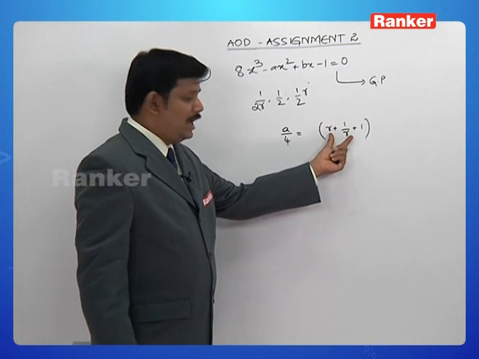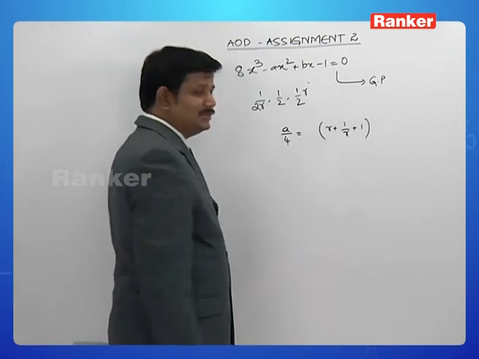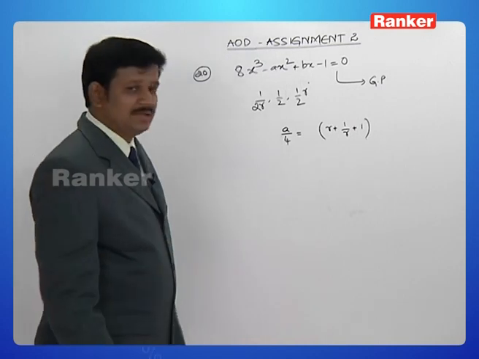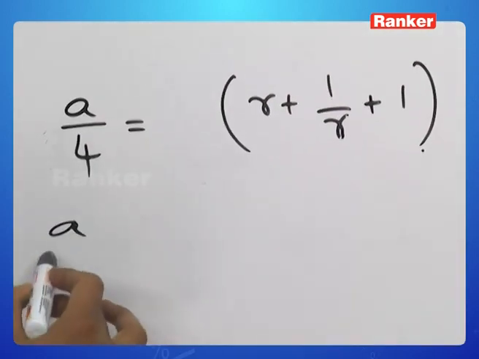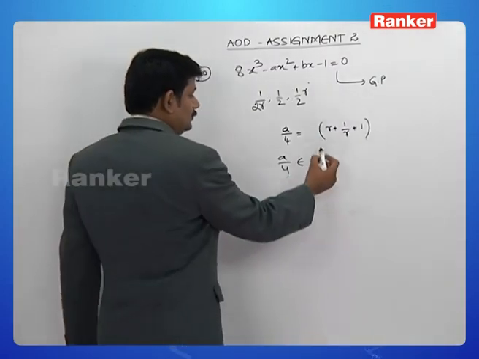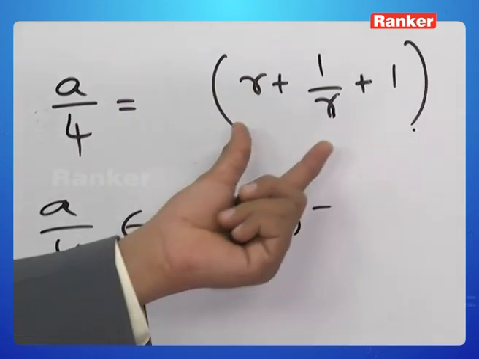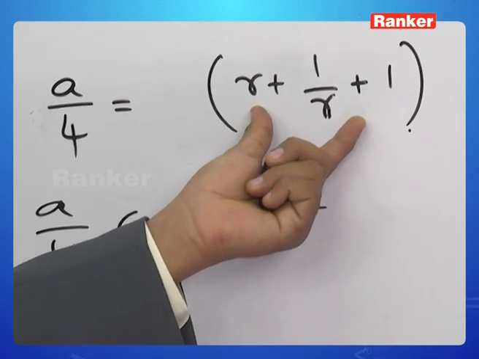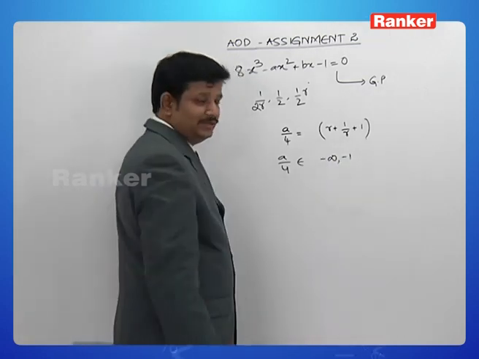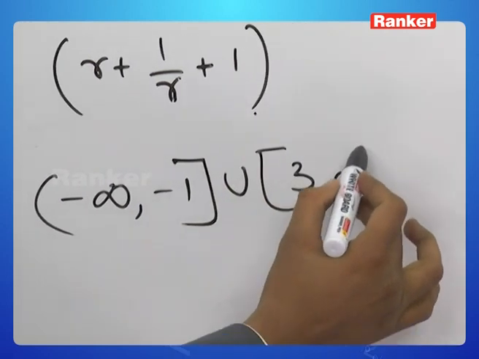Now r plus 1 by r, sum of a number and its reciprocal, we know this will always be greater than or equal to 2 or less than or equal to minus 2. So A by 4 will belong to minus infinity to minus 1 union 3 to infinity.